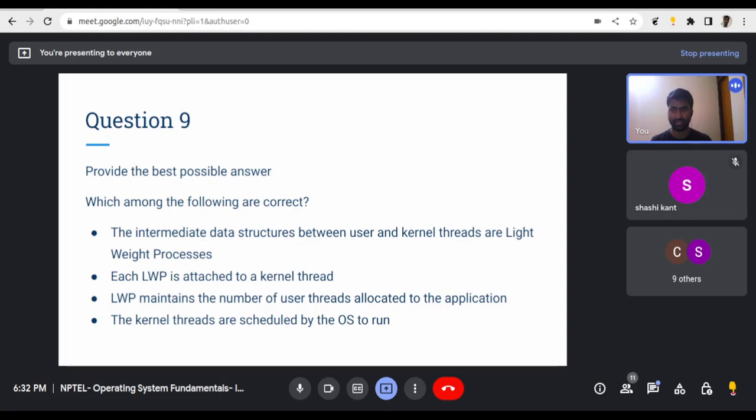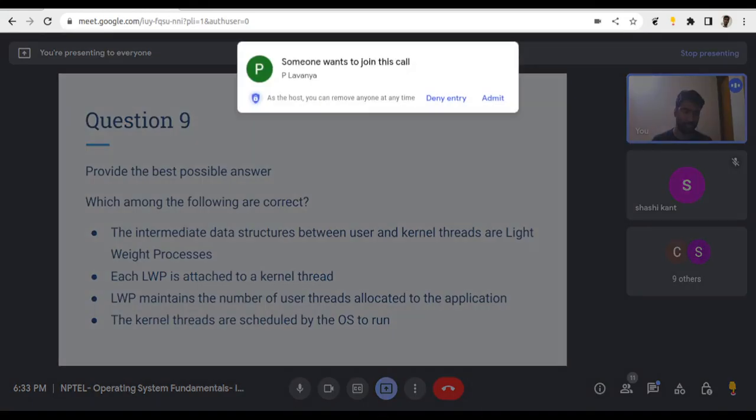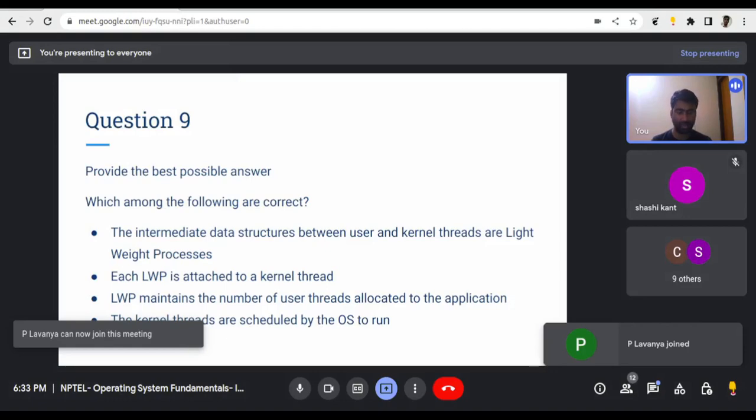This is with regards to lightweight processes. Can you tell me which among the following are correct? The intermediate data structures between the user and kernel threads are lightweight processes. Each lightweight process is attached to a kernel thread. Lightweight processes maintain the number of user threads allocated to the application. The kernel threads are scheduled by the operating system to run on the processor. There can be multiple correct options. Which among the following do you think is or are correct?